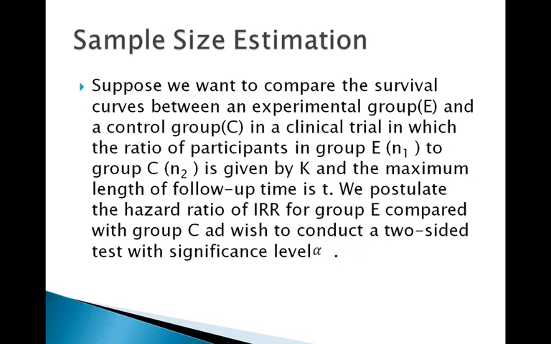If we wanted to compare the survival curves between the experimental group and the control group in a clinical trial, where the ratio of participants in group E to group C is given by k, and the maximum length of follow-up time is T, we postulate the hazard ratio of an incident rate ratio for group E compared with group C, and we wish to conduct a two-sided test with a significance level of alpha.